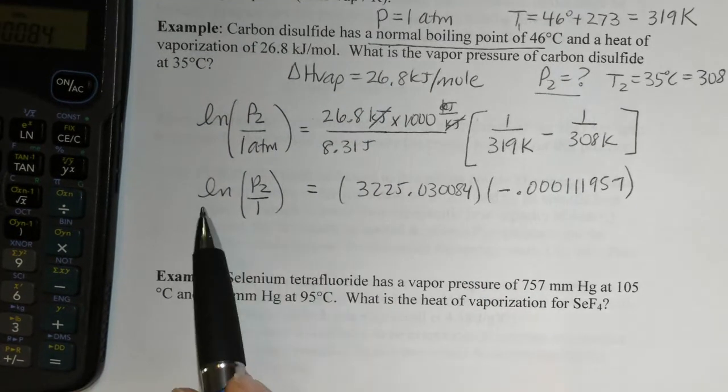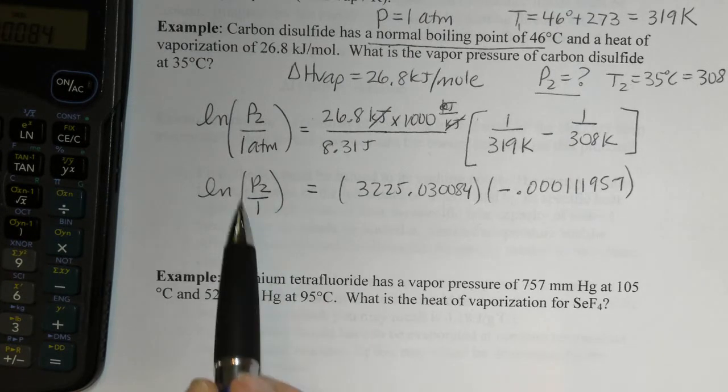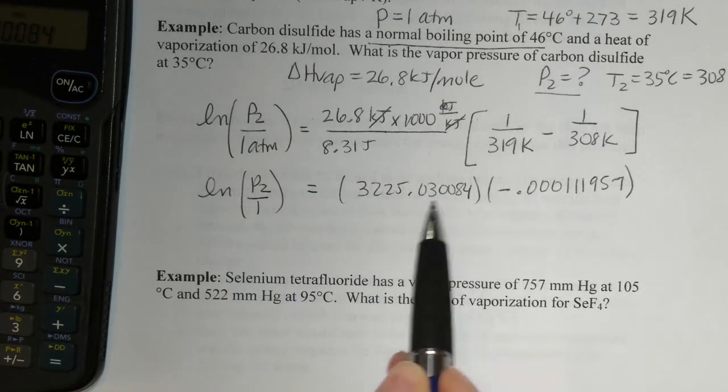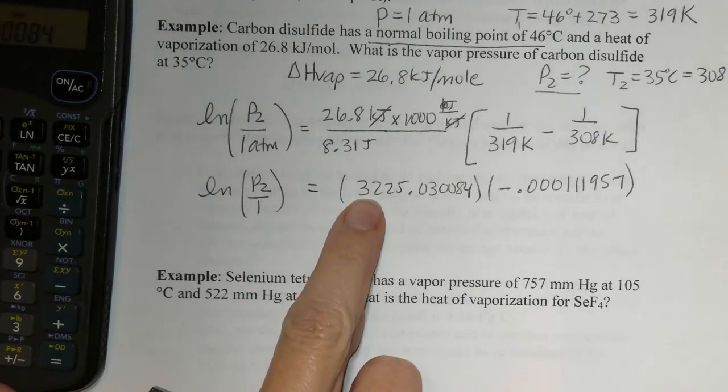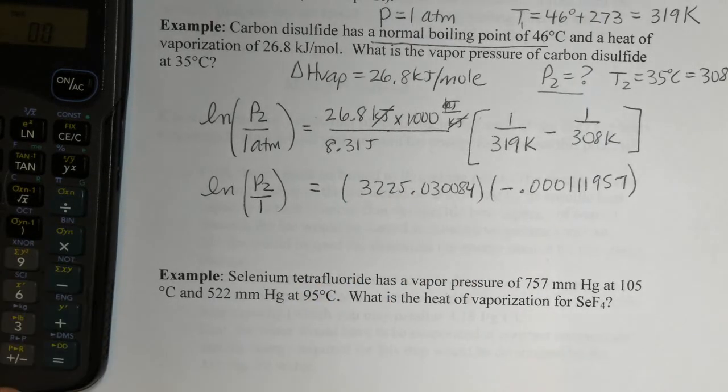Now, before I can break up P2 and P1, I have to get rid of the natural log. So let me go ahead and multiply these two together. The 3,225 is still in my calculator, so I'm going to multiply that by negative 0.000111957.